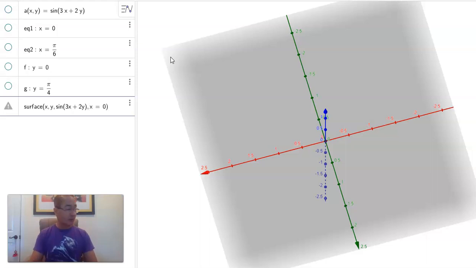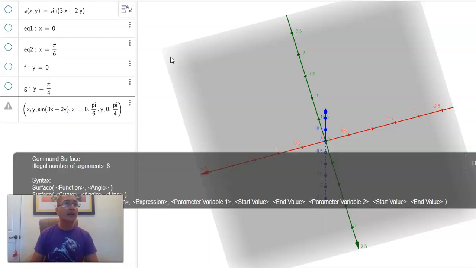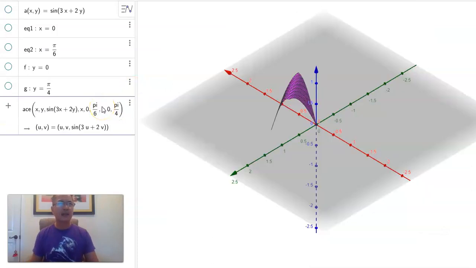X will go from 0 to pi over 6. And y will go from 0 to pi over 4. I don't know why it didn't like it the first time, but I retyped and there it is.